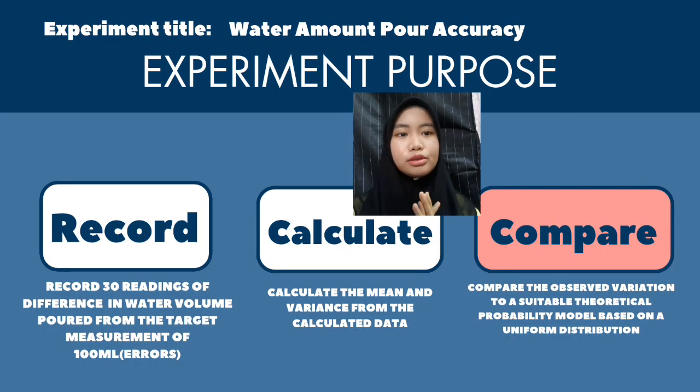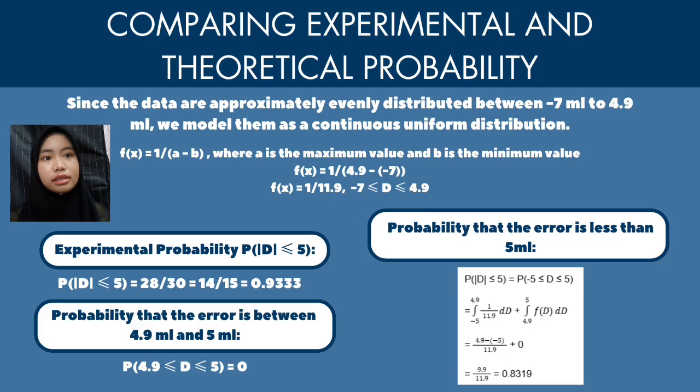Now, let's get into the last purpose of this experiment, and that is comparing experimental and theoretical probability. Since the data are approximately evenly distributed between negative 7 ml to 4.9 ml, we model them as a continuous uniform distribution.